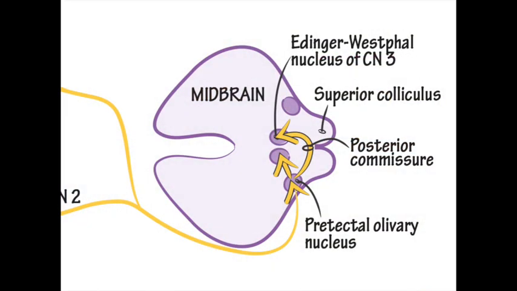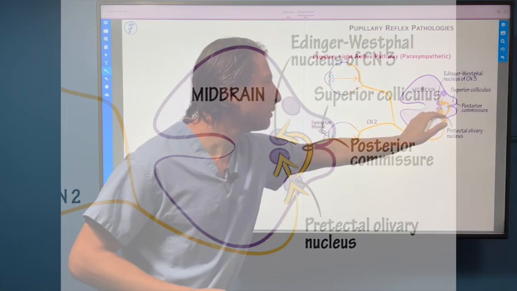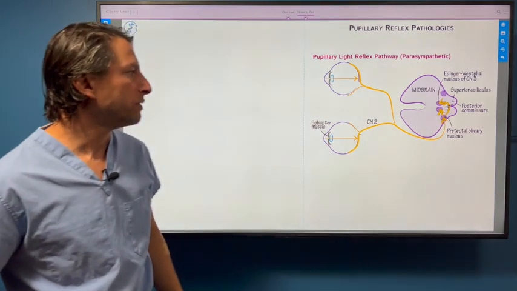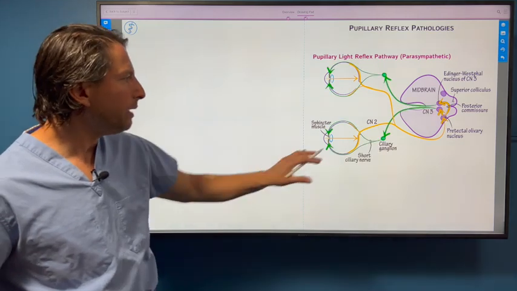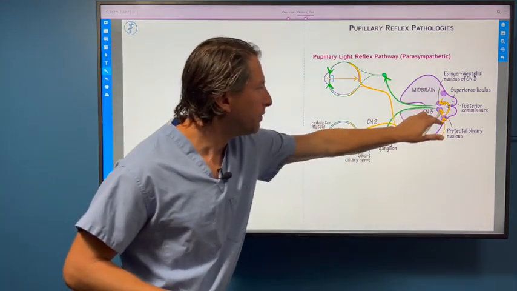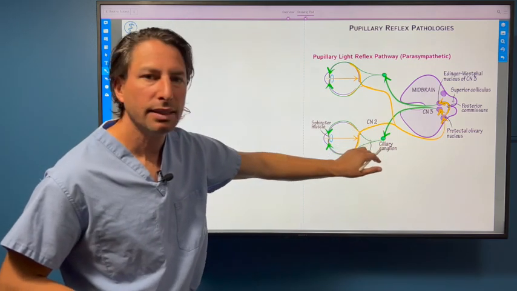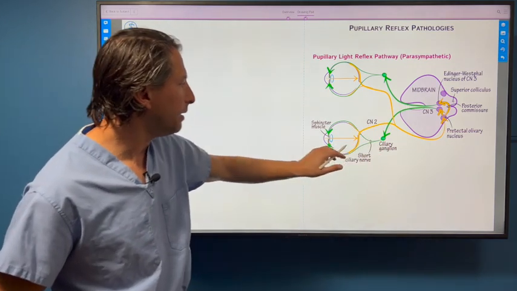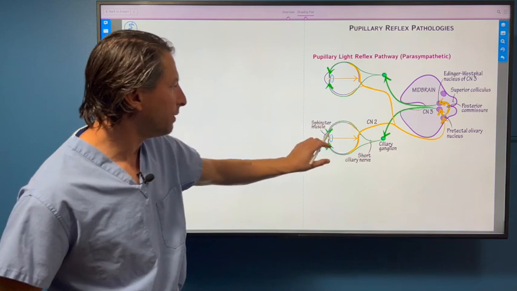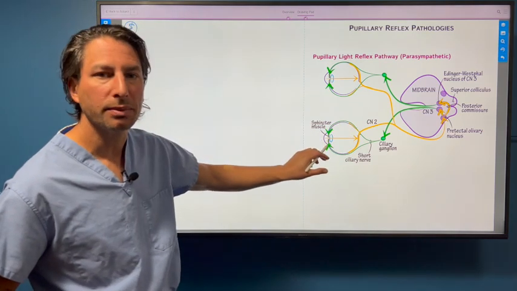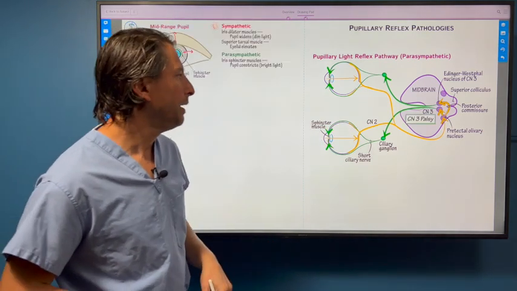So this pretectal olivary nucleus innervates both the ipsilateral and contralateral Edinger-Westphal nucleus. Then there's innervation from the Edinger-Westphal nuclei out to their respective ciliary ganglia, which then, via these short ciliary nerves, innervate the pupils themselves to cause constriction.